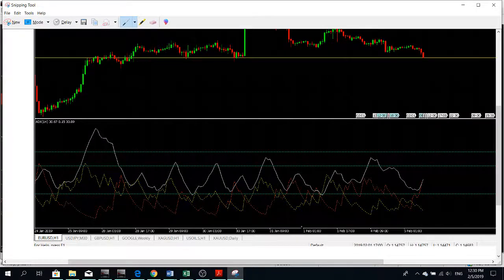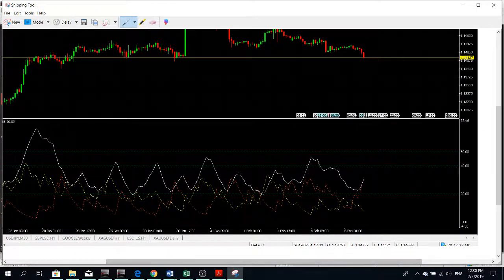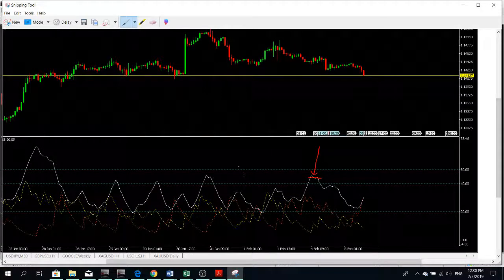We have different lines, right? First of all, the ADX line. What does this ADX line show us? It shows how strong, how powerful or weak our trend is.